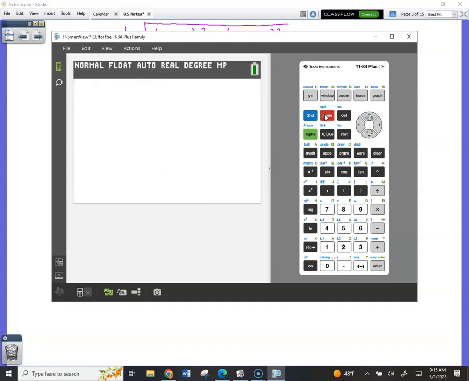Alright, we're going to type just the radicand. So parentheses 2 minus -1, close parentheses squared, plus 4 minus 3, close parentheses squared.